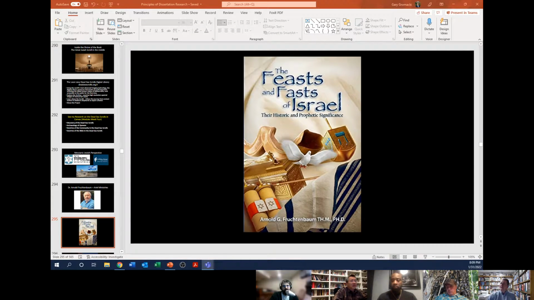Okay. All right, so if you're looking into the Old Testament law, especially the Torah, let me recommend a book, The Feast and Fast of Israel: Historic and Prophetic Significance. This is a great book.